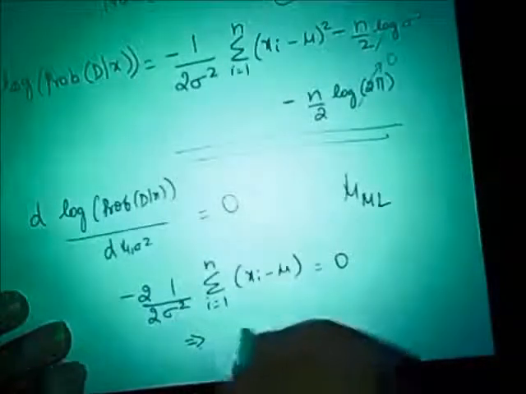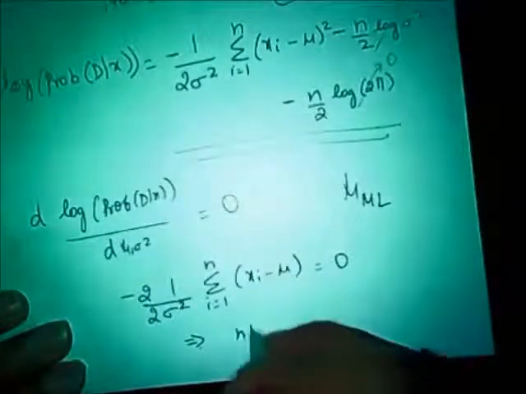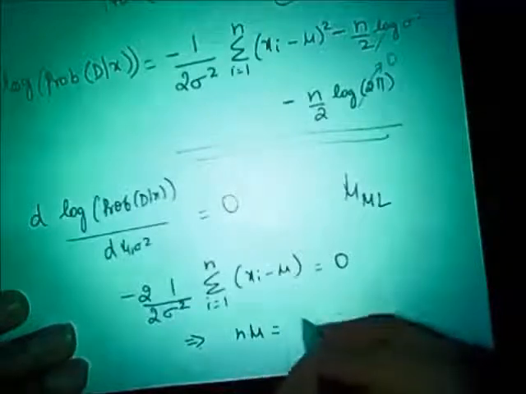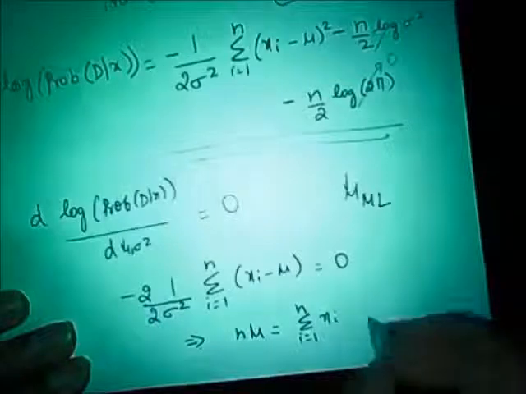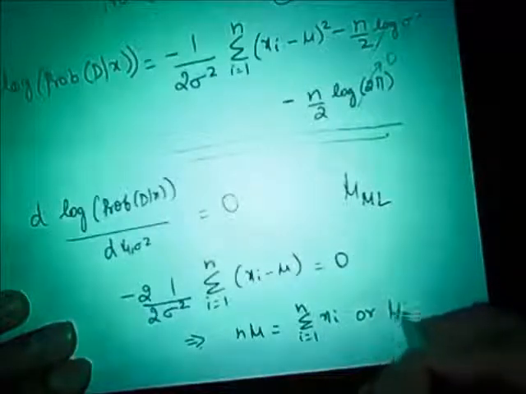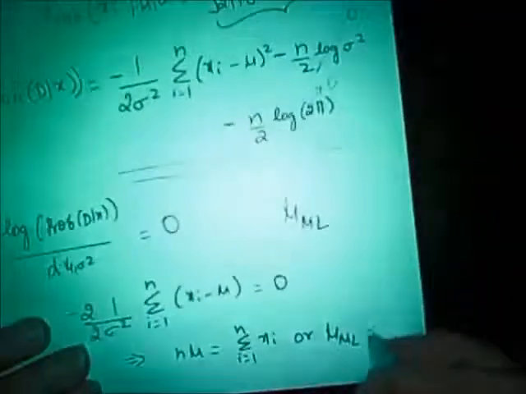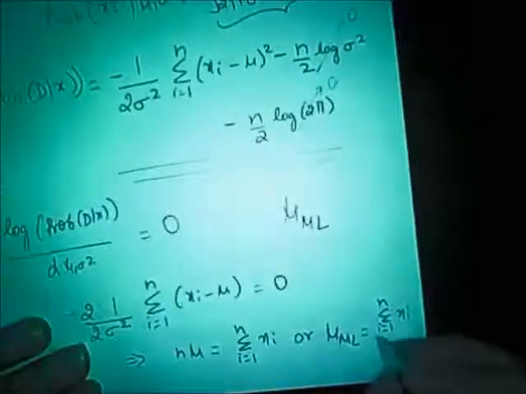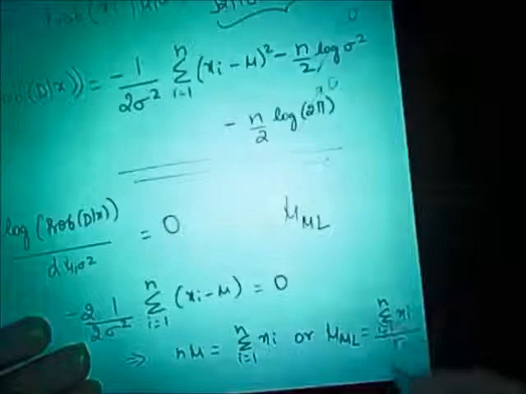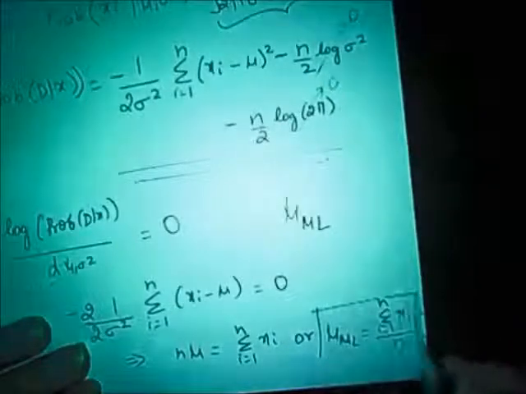So this simplifies to n mu equals the sum over i equals 1 to n of xi, or my mu ml is nothing but the average of all the xi's that I've obtained so far.